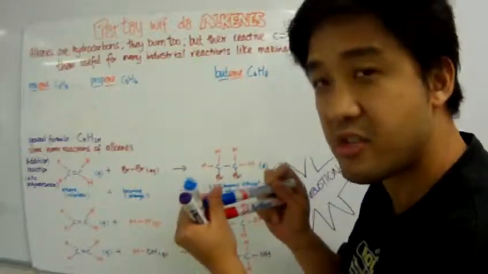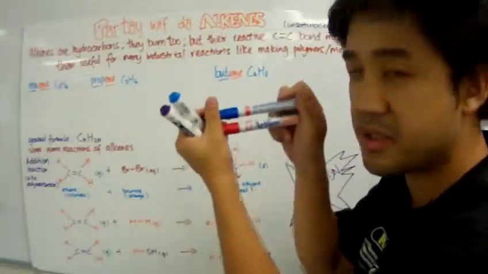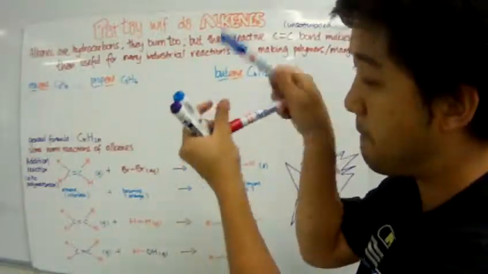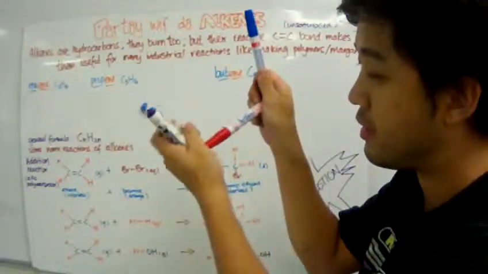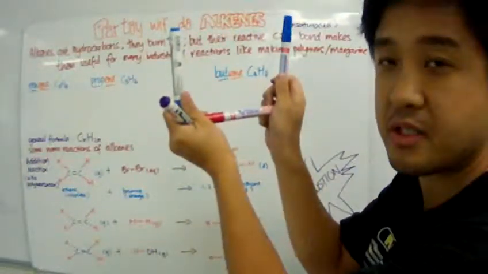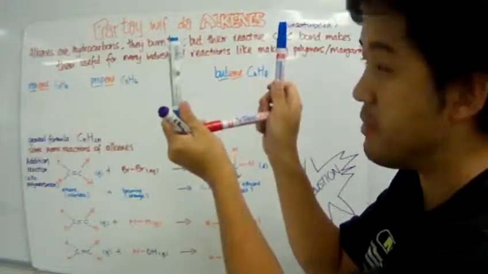The reason it's unsaturated is because this reactive double bond can pull apart and break up and form single covalent bonds with other elements.